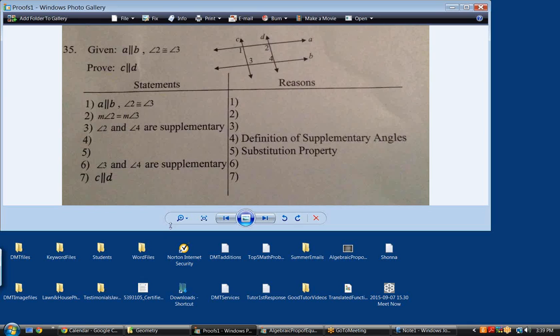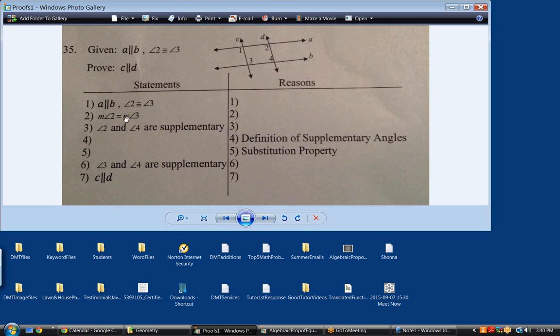Because parallel lines with the... No, this is a little bit of a, not a silly one, but one that's difficult to distinguish. First of all, understand the difference between congruent and equal. Remember what was given was that angle 2 is congruent to angle 3.